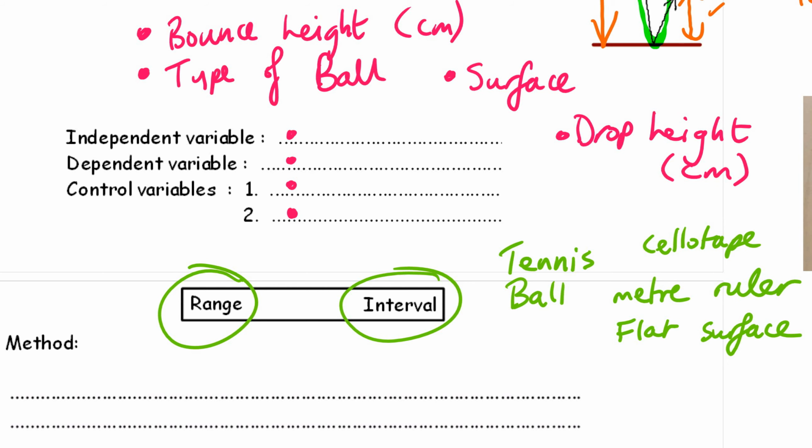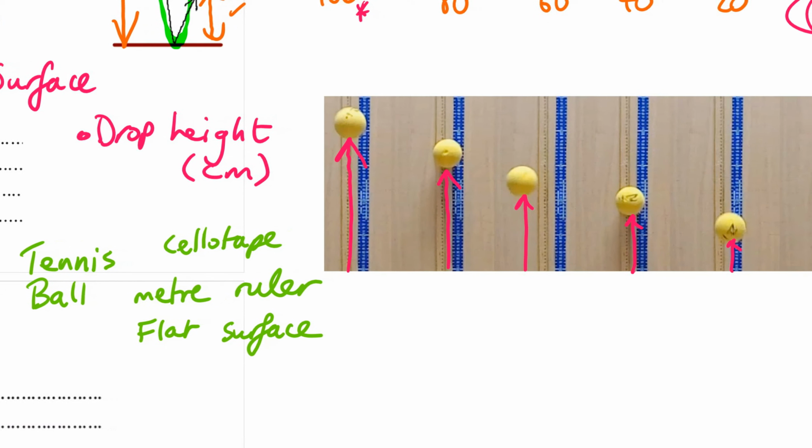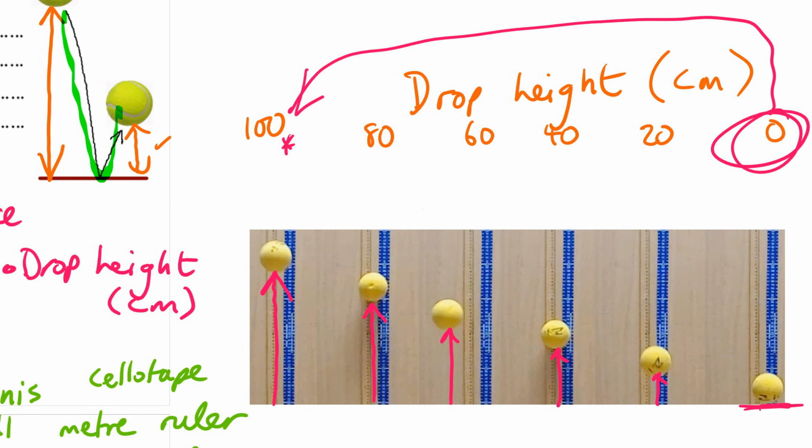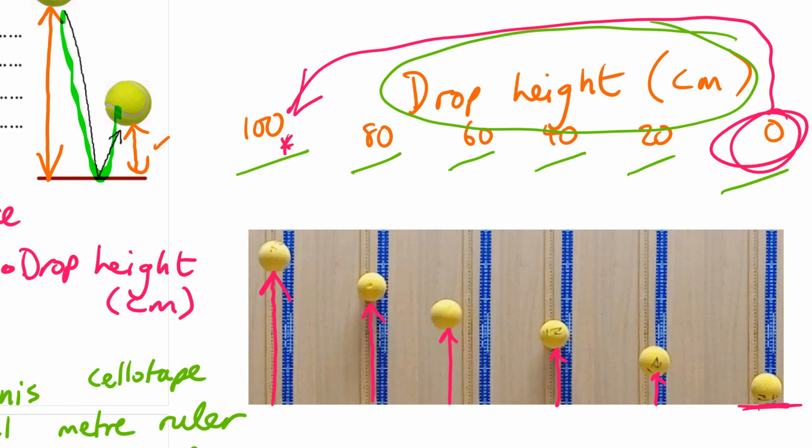Mark off on the meter ruler using a pen 100 centimeters, 80 centimeters, 60 centimeters, 40 centimeters, 20 centimeters, and 0 centimeters. This will be your drop height from where you drop the ball from.